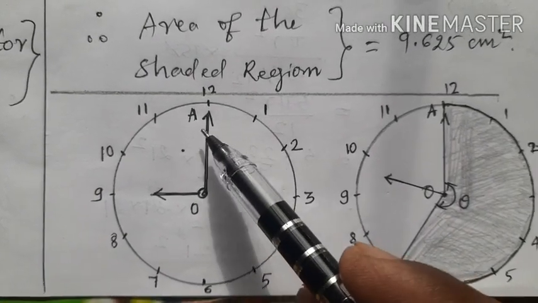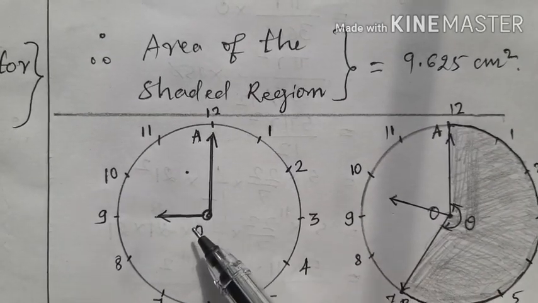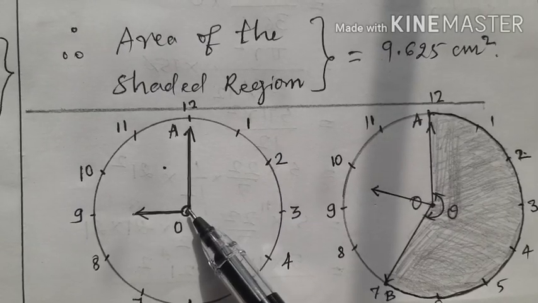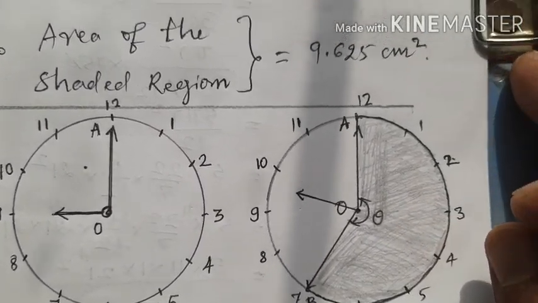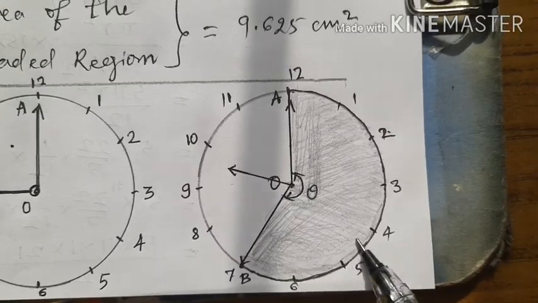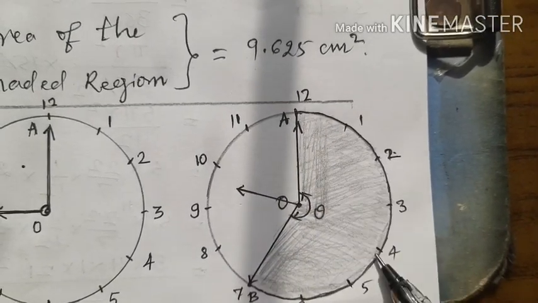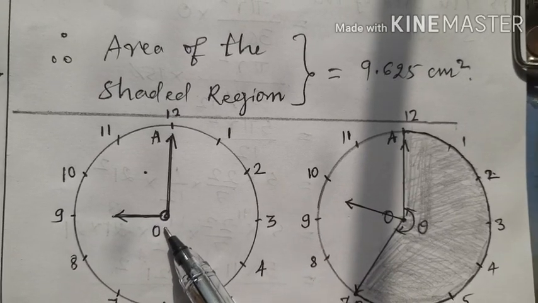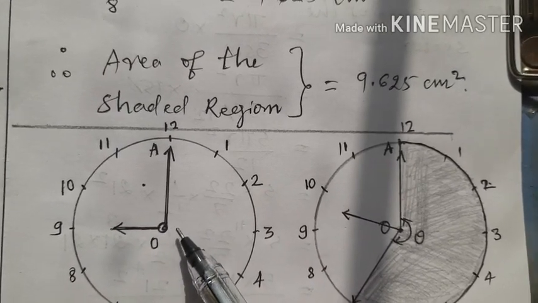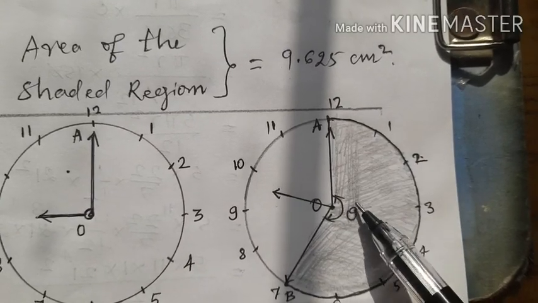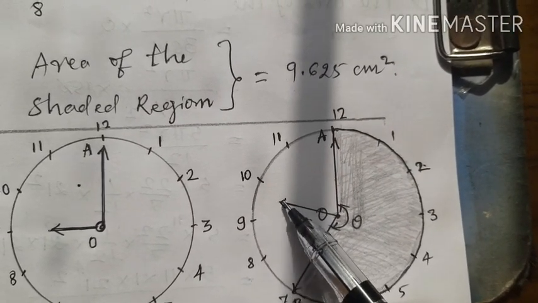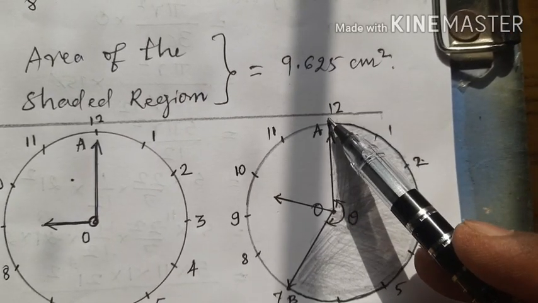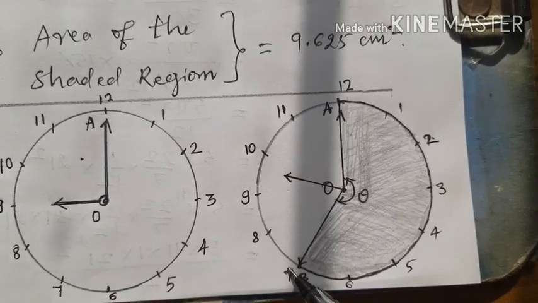See here, this is the face of the clock at 9 a.m. and this is the face of the clock at 9:35 a.m. This is the hour hand and this is the minute hand at 9 o'clock, and at 9:35 the position of the hour hand is here and the minute hand has moved from number 12 to number 7.